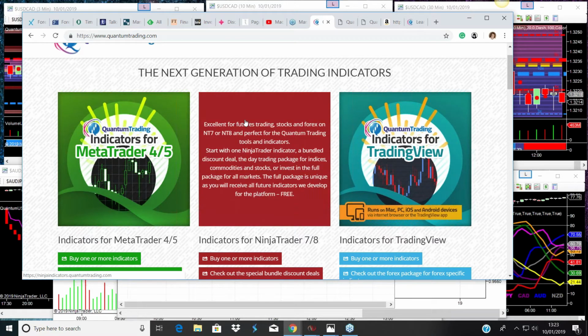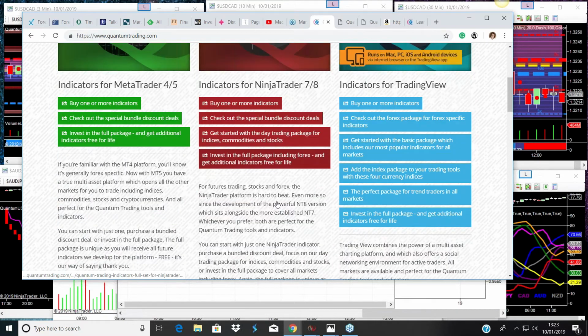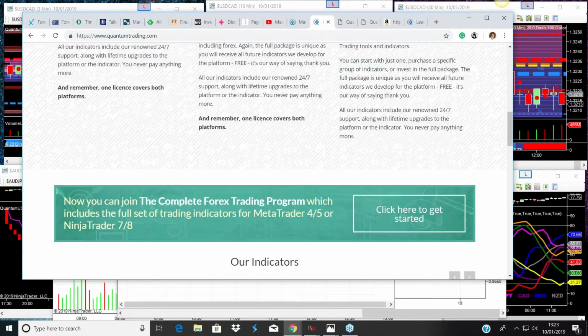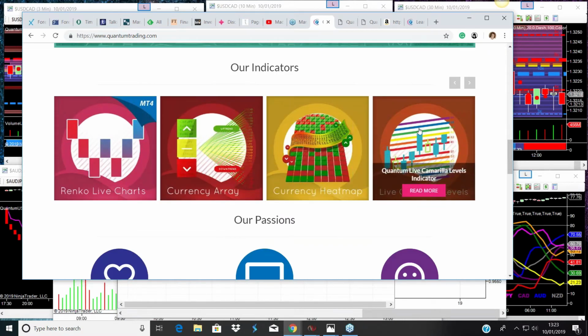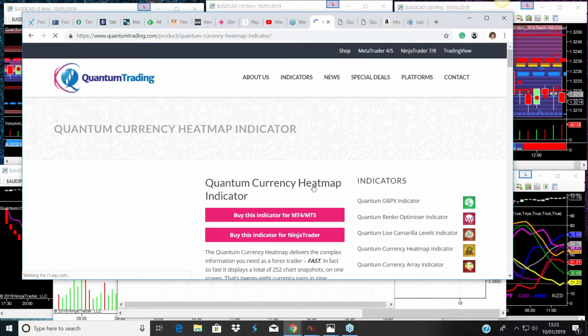As you can see here, these are the indicators for Ninja. There are explanations of what they are, but more importantly, you can go down to the bottom and there's a scroll bar with each individual indicator, and this is new. You click on the indicator itself. Hopefully it'll load. I'm just waiting for it.